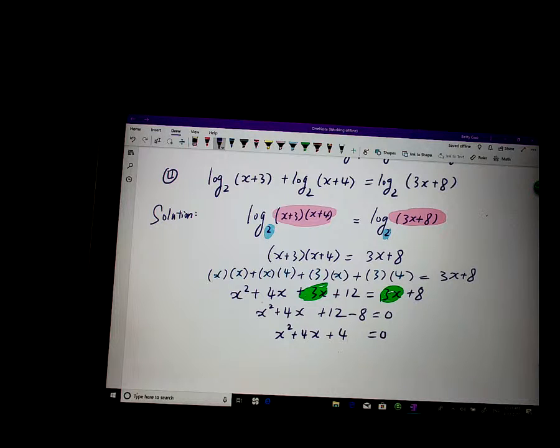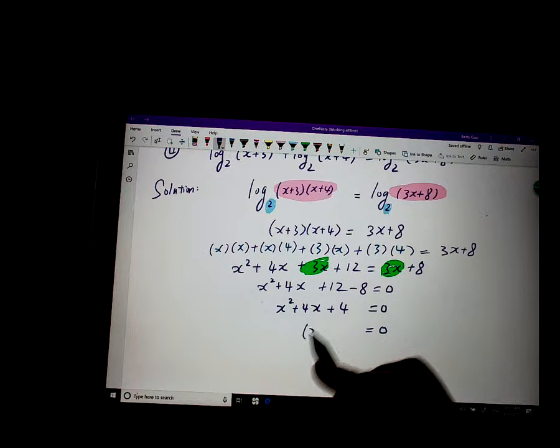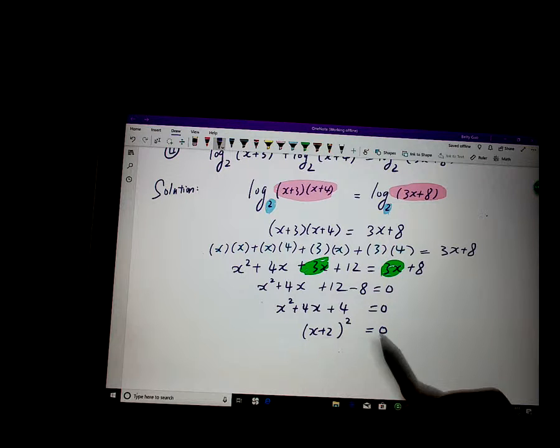The quadratic equation now is in standard form. Let's factor it. It's easy to factor. Find the two numbers that multiply to 4 and add up to 4. You know that's 2 and 2, right? So you have x plus 2 times x plus 2 equals 0.